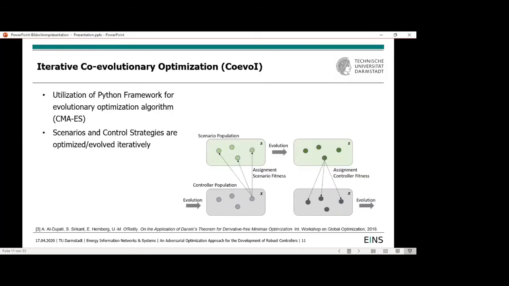Starting off with the method already used in the literature, which is the iterative co-evolutionary optimization.